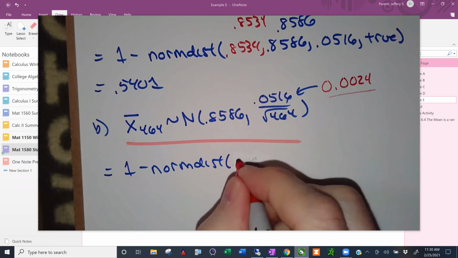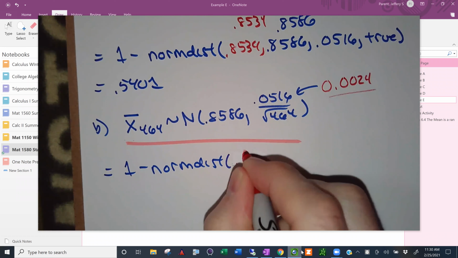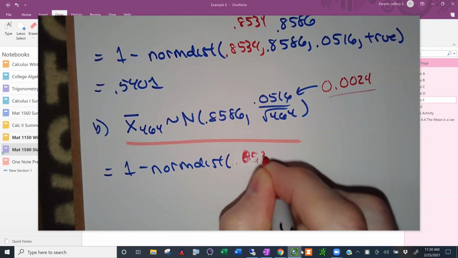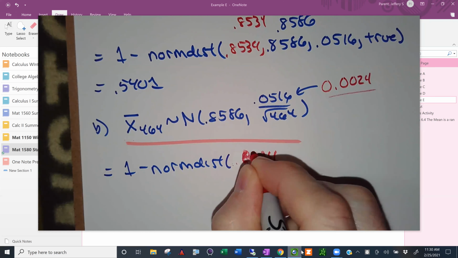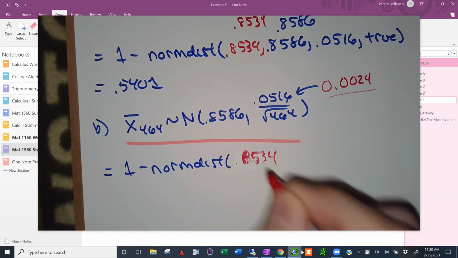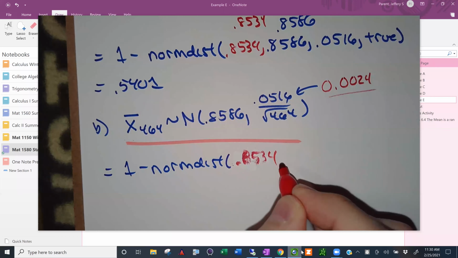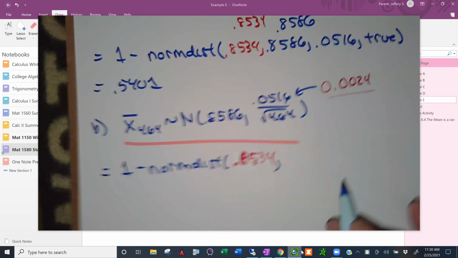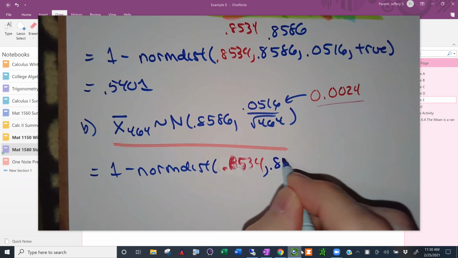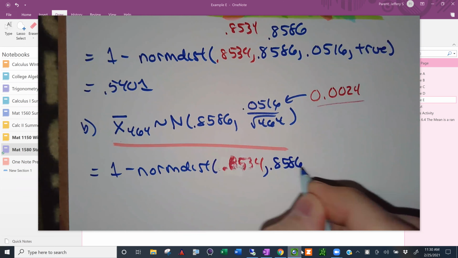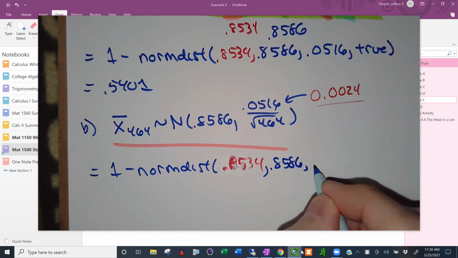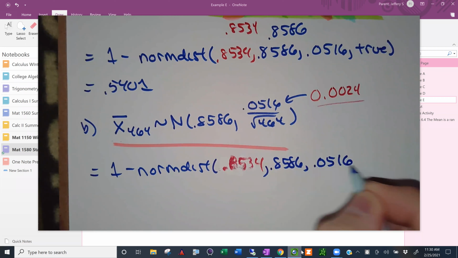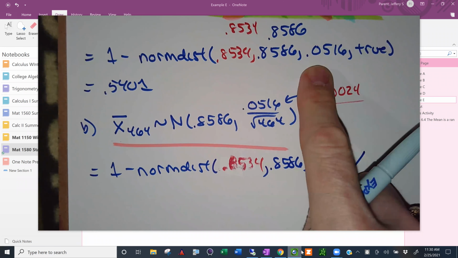So 0.8534. Ah, that's terrible. That is a 0.8534. And then 0.8586, comma, 0.0516 divided by the square root of 464.